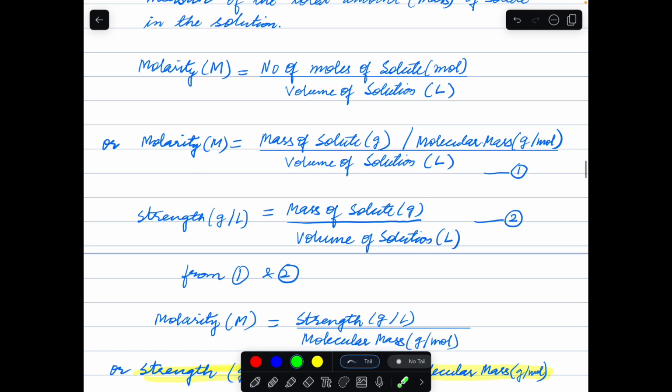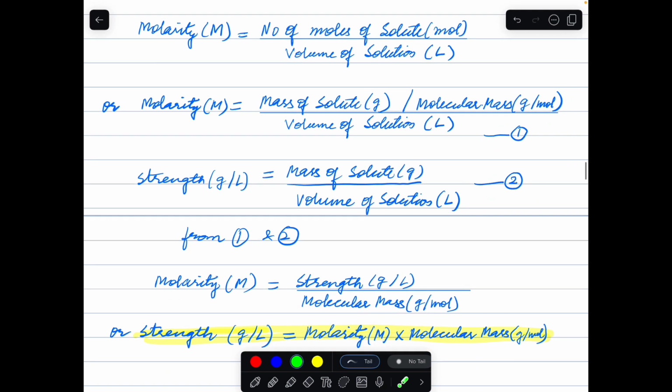Now strength. Strength is given in terms of grams per liter, that is mass in a given volume, therefore mass of solute in grams and volume in liters. Now from equation number 1 and equation number 2, we get molarity equal to strength divided by molecular mass of the substance, or molar mass in grams per mole.